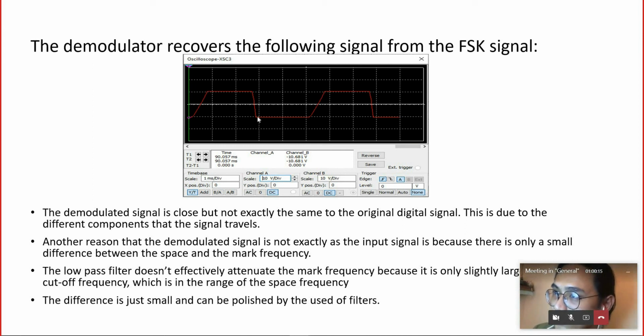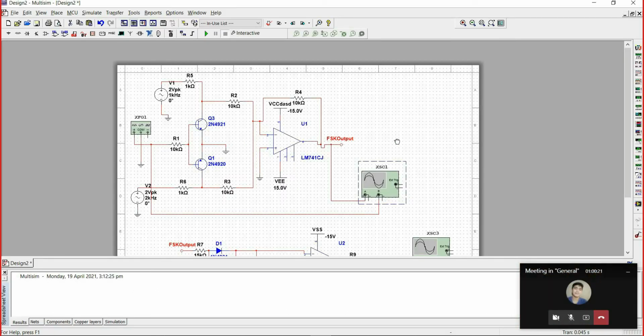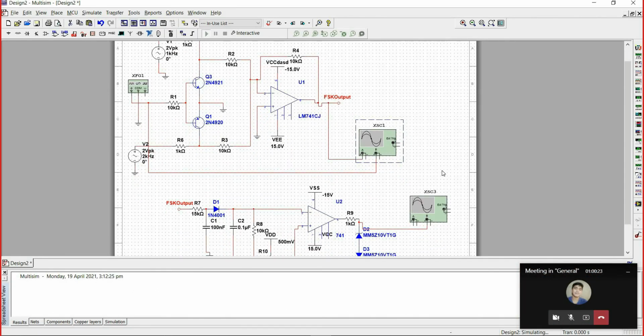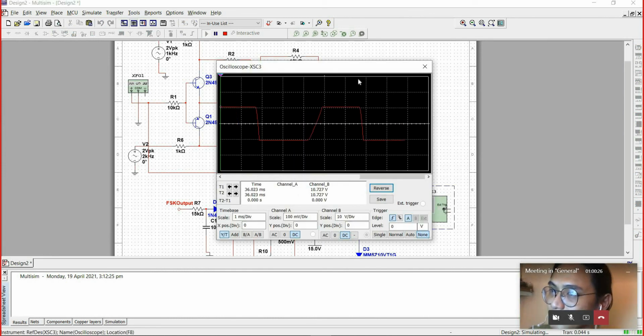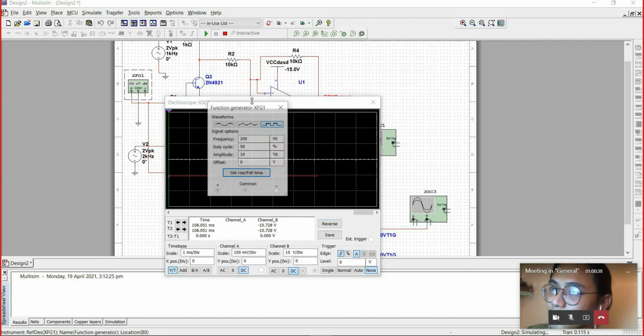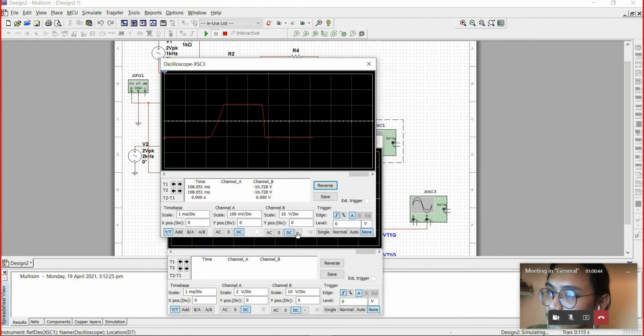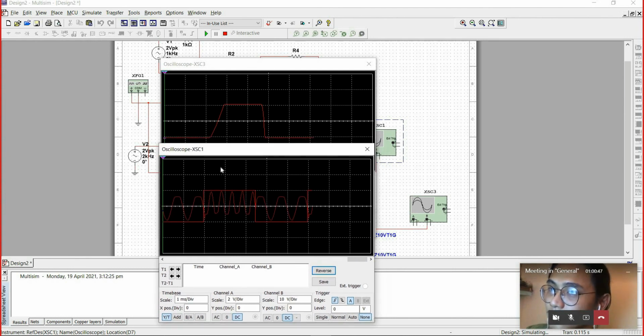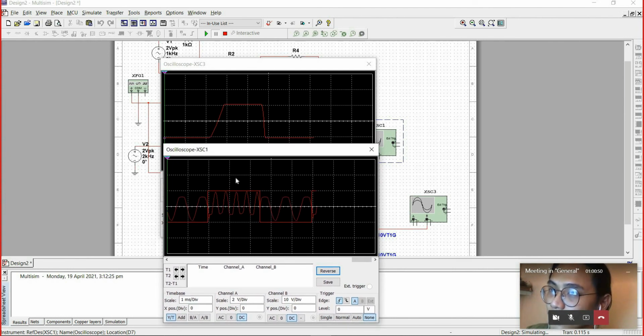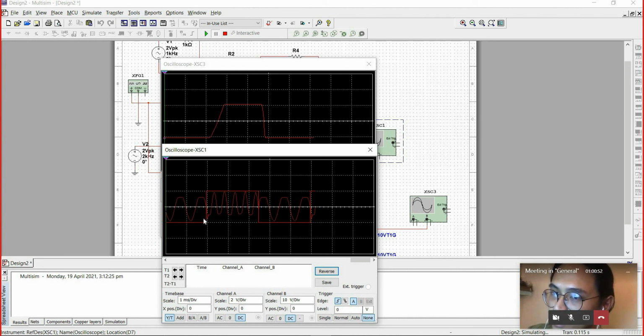So this is the output of the demodulator circuit. Here, as you can see, the demodulated signal is not exactly the same compared to the original binary. There is a ramp up the moment the input signal becomes high.